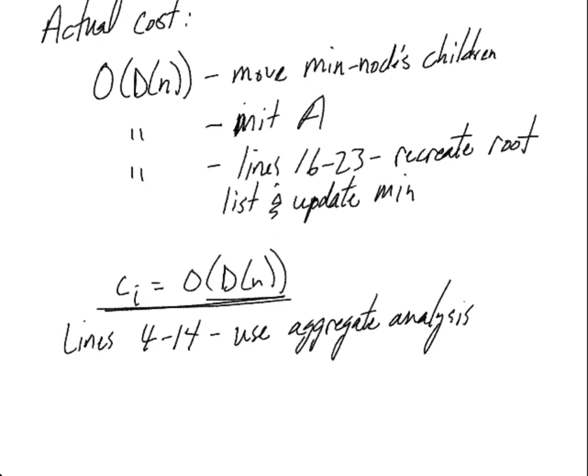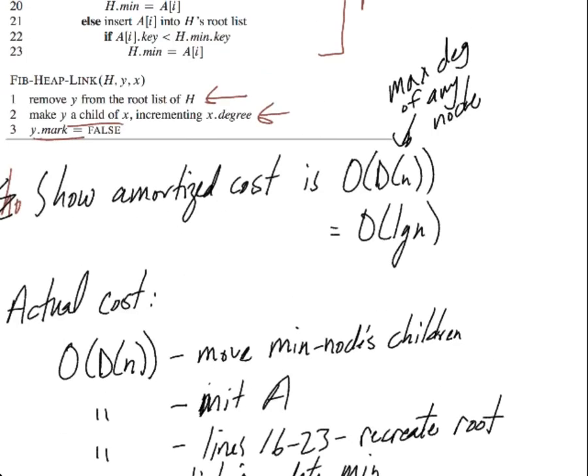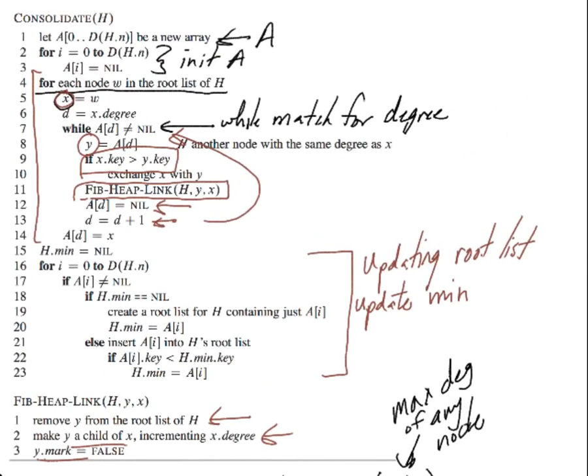We need to find the actual cost of lines 4 through 14 using aggregate analysis. Now, what did lines 4 through 14 do? Recall that here we are, 4 through 14. This is where we're going through and merging trees into each other. And it looks like it's going to be n squared. It looks pretty expensive.